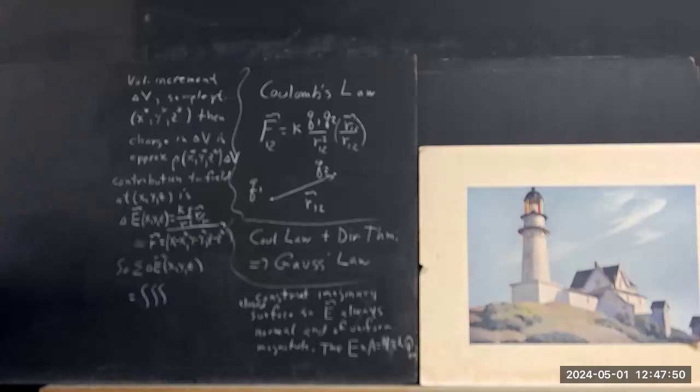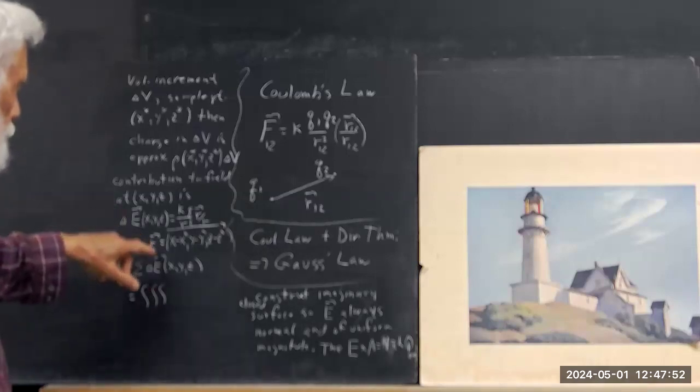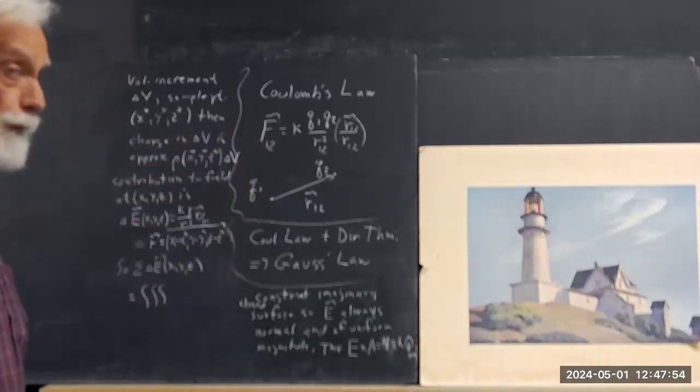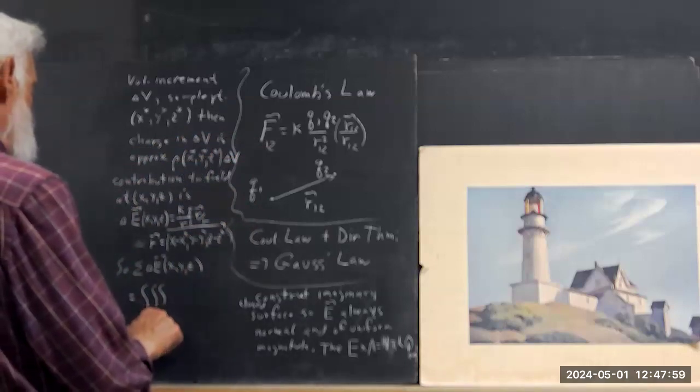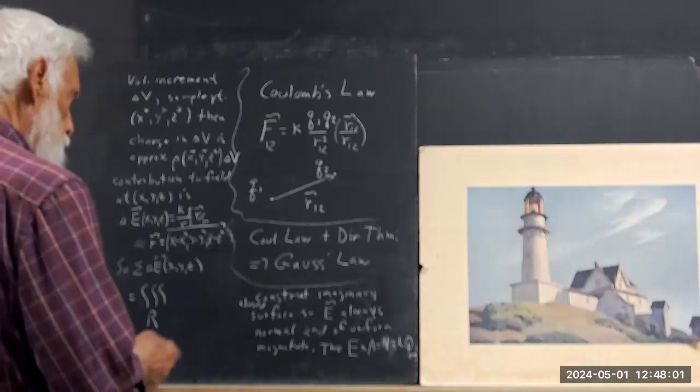So if you add up all these things, you're going to do this over all possible volume increments. So this would end up as a triple integral over your region.